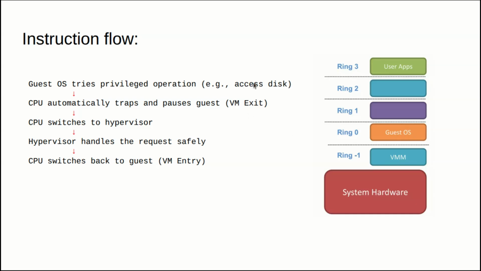So the guest operating system is not aware that it is virtualized, so it does a call. It tries to access the disk, which is a virtual disk, not a physical disk. When it gives a call to the virtual disk, the hypervisor figures out that this guest operating system is trying to access the disk, but as it doesn't know that it is virtualized, it is speaking to a virtual disk. So the hypervisor intercepts this request, and the CPU automatically switches to the hypervisor, which handles the request safely.